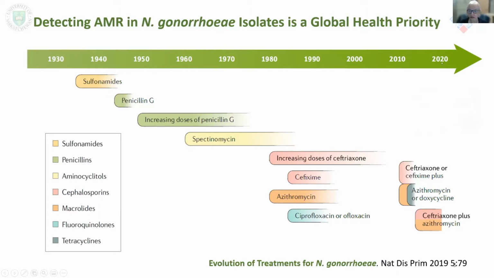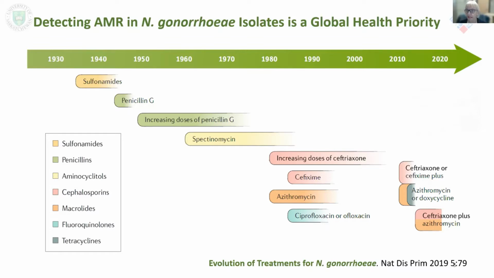That continues to this day, where sporadic isolates that are resistant to ceftriaxone or ceftriaxone plus azithromycin are being reported. The current therapies as a result of this resistance are extremely restricted. Basically it entails ceftriaxone monotherapy, or ceftriaxone plus azithromycin.